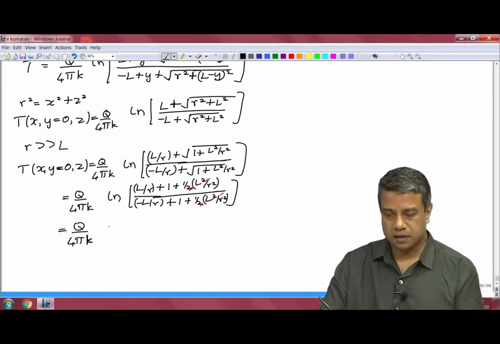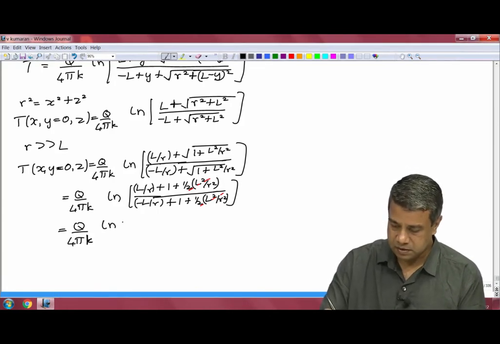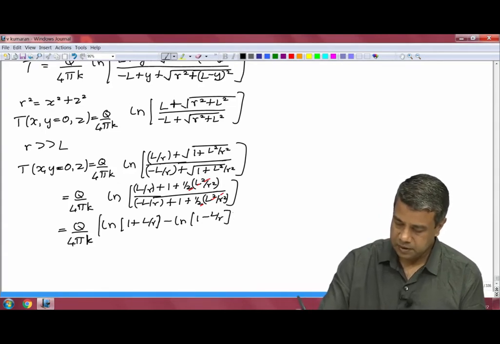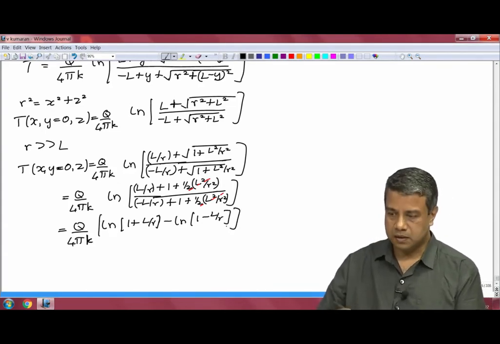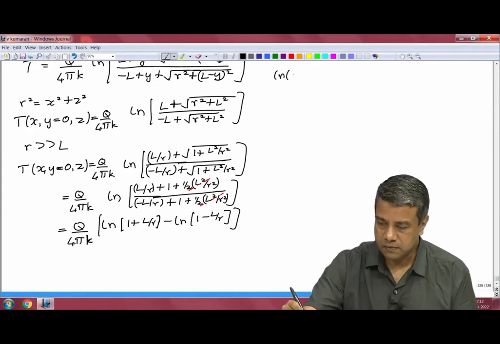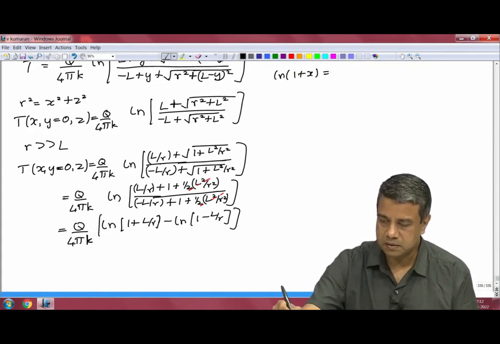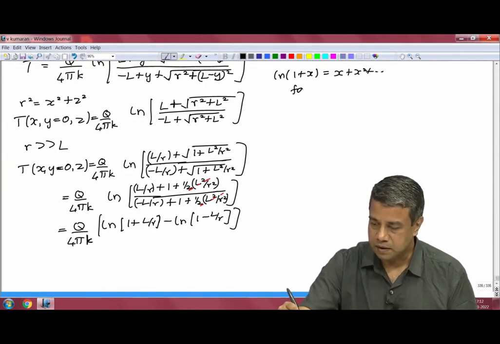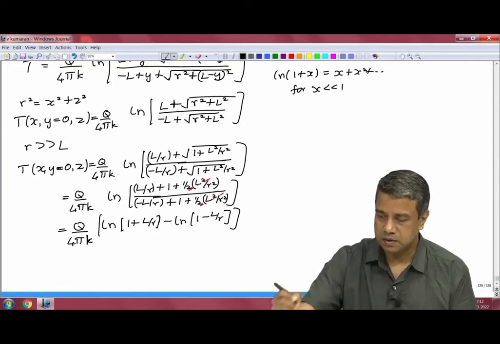And this logarithm I can write as the natural logarithm of 1 plus L by R minus the natural logarithm of 1 minus L by R. And you know that ln of 1 plus x is equal to x plus x square etcetera for x small.